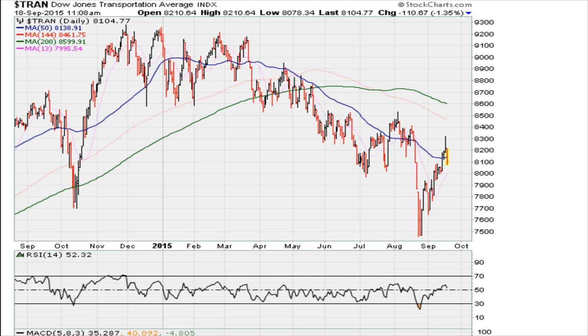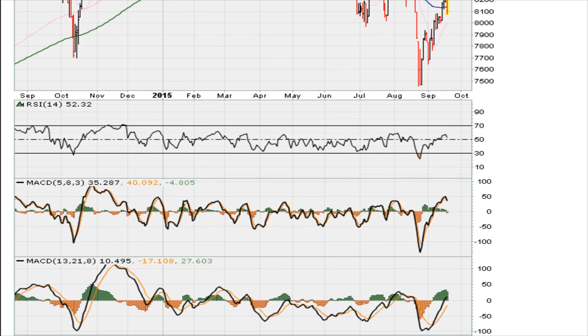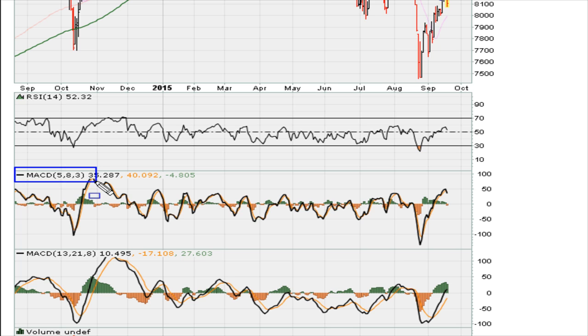Which also means that on the MACDs, especially on the smaller MACD time frame that we use, any trend line break, like right now, that seems to be a trend line break, is a primary trend line. Again, why? Because it is connecting to a 52-week low.